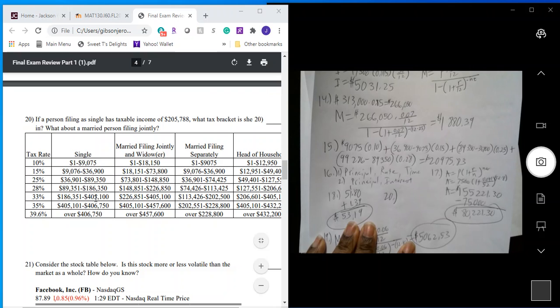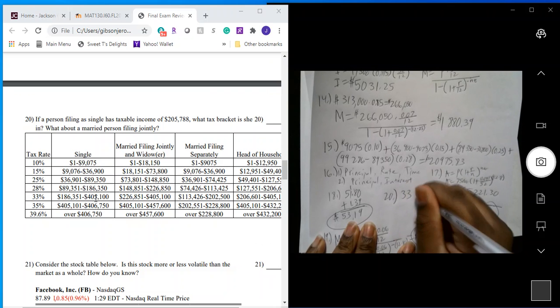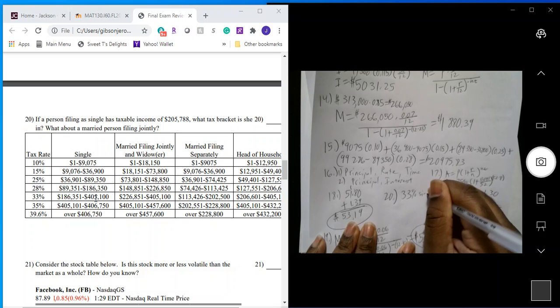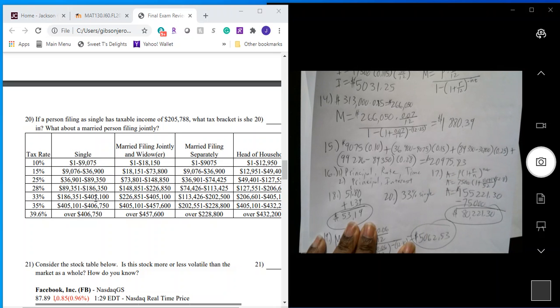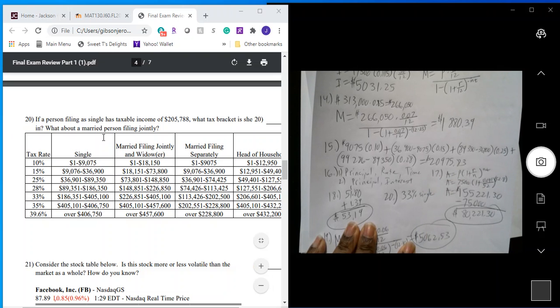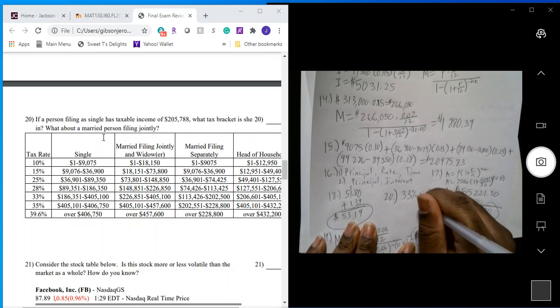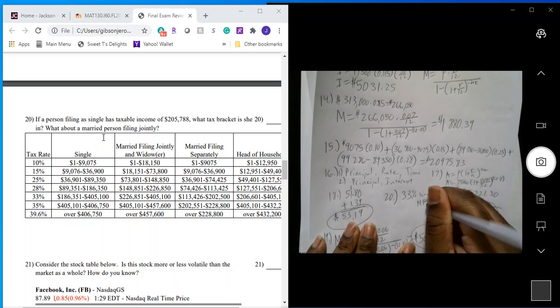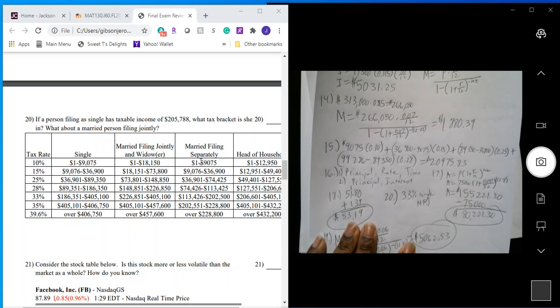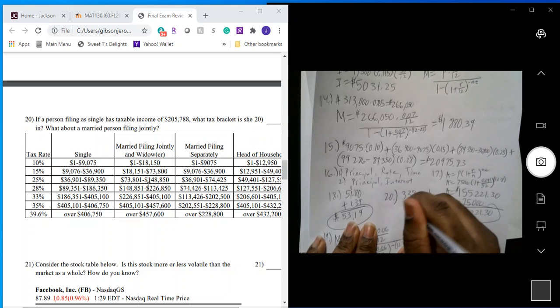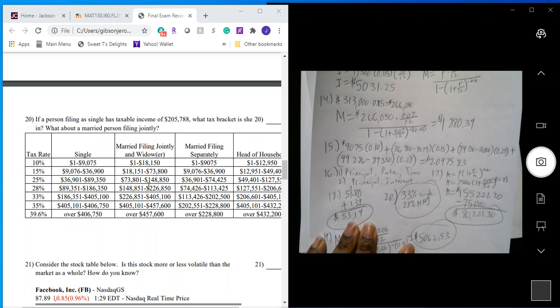That'll be 33%. So it'd be 33% for single. Now they said married filing jointly. So I'm going to put MFJ for married filing jointly. So we'll go married filing jointly. 205,000 would be at the 28% tax bracket. So it'd be 28%. So this would be the answer for problem 20.